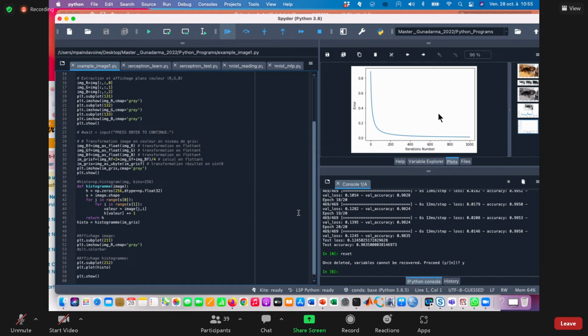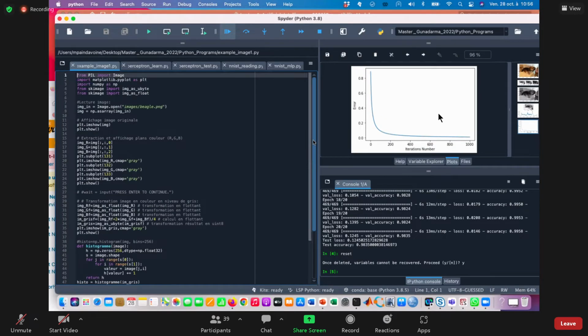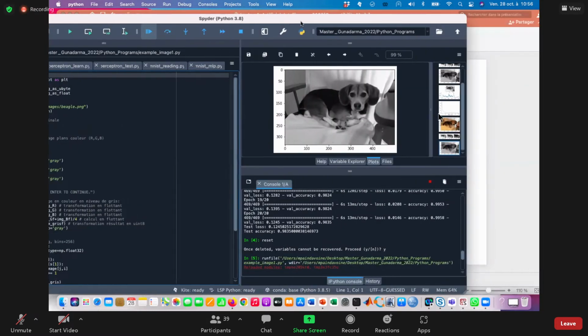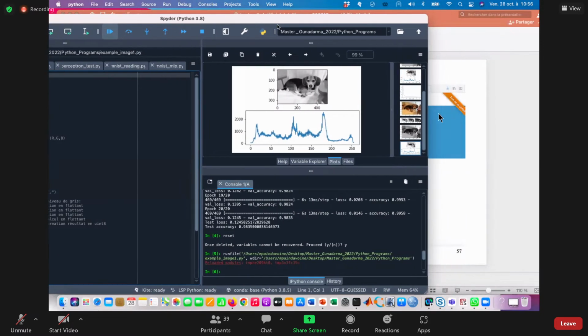Here is the first example that I would like to comment on again. It's the example of image processing. I would like to execute my program here, which I showed last time.